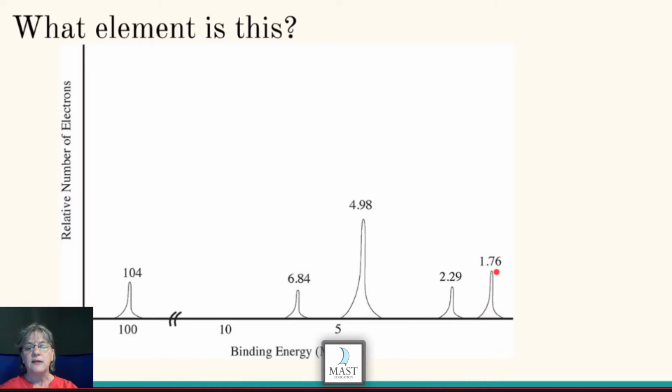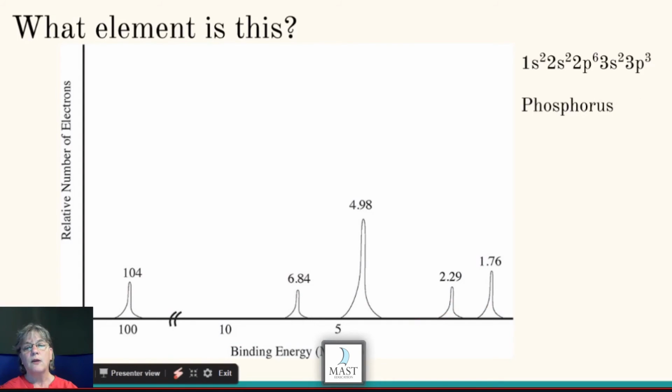In this case, the peak at 1.76 megajoules per mole is 1.5 times taller than the s peak, which means that it has 1.5 times the number of electrons, or 3. So this configuration would be 1s2, 2s2, 2p6, 3s2, 3p3, which represents the element phosphorus.